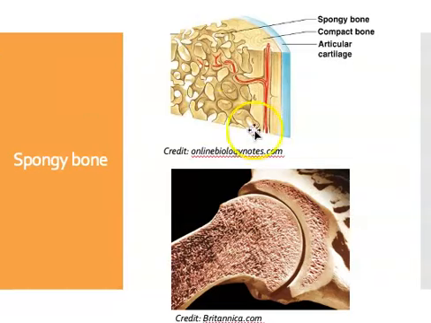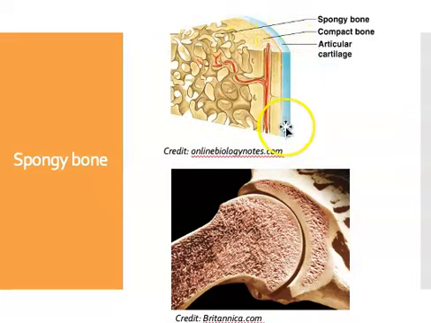On this slide, we can see a drawing of both cortical bone and spongy bone. And down below, we can see a section through some actual bone. So if you look at the image at the top, what you're looking at in blue is a layer of articular cartilage.